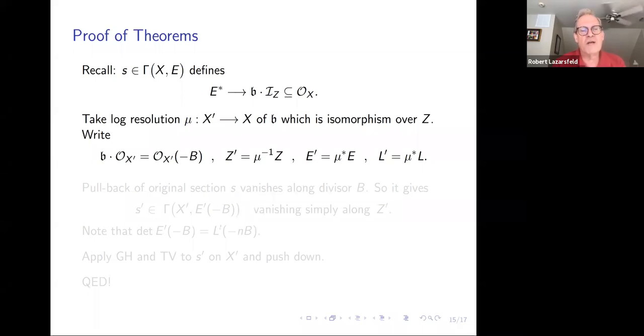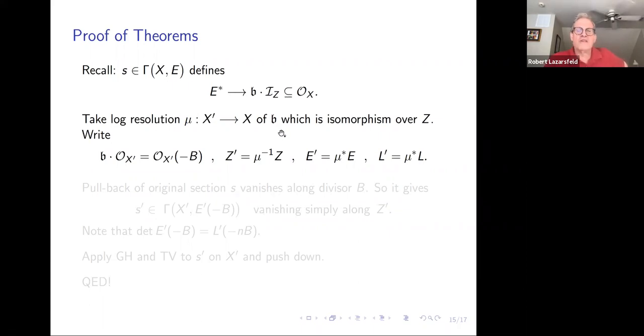Okay, so where is this coming from? Remember, we have this section S, which defines a map from E to O_X, and we're assuming that the image is B times I_Z. So Z is the ideal of this nice set of points, and B is random. So what could you possibly do?